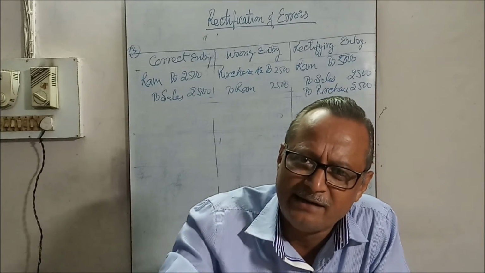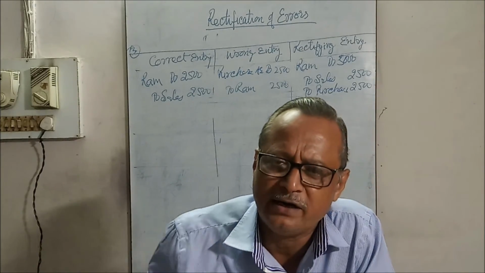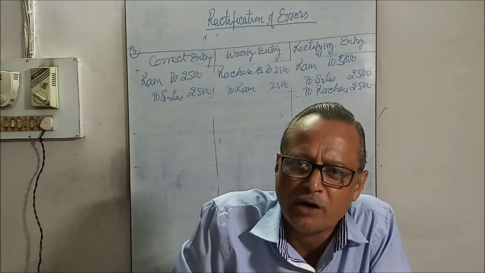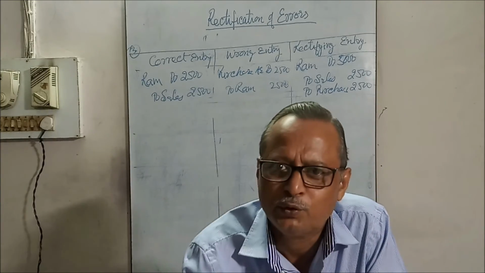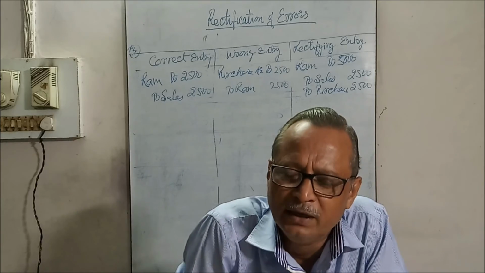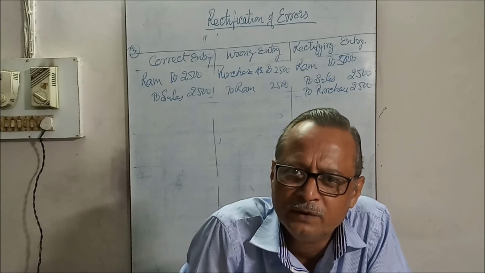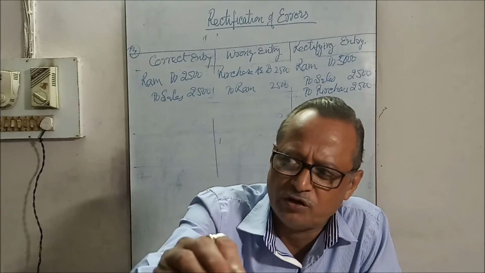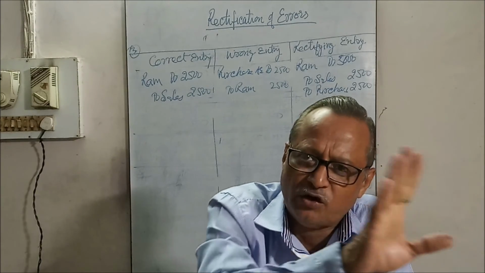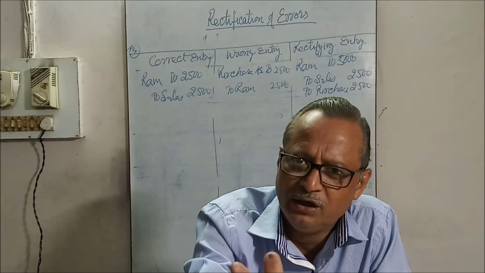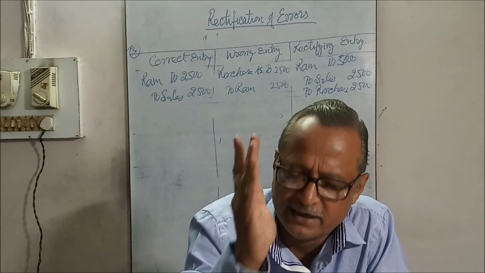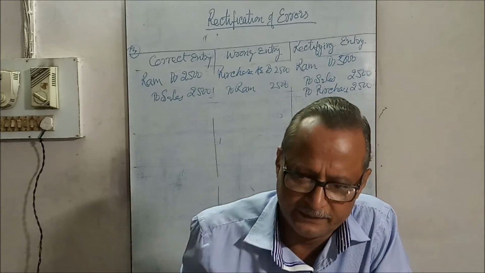Purchase return should be credited: credit the purchase return by 1,100. Sales return should not be debited, so credit it to remove the effect, then to sales return 1,100. Mohan debit 2,200 to purchase return 1,100 and sales return 1,100.